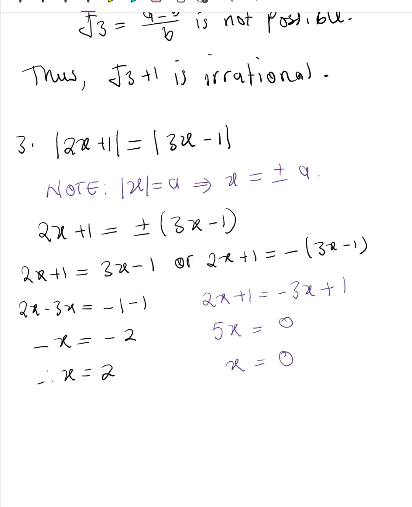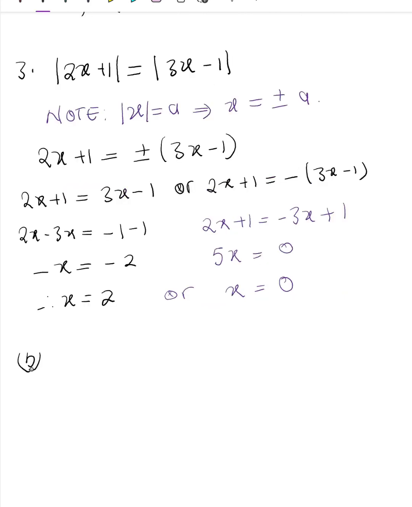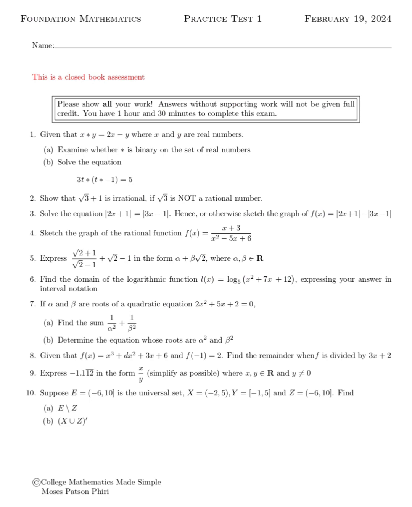Okay? So this equation is true only when x is either 2 or 0.